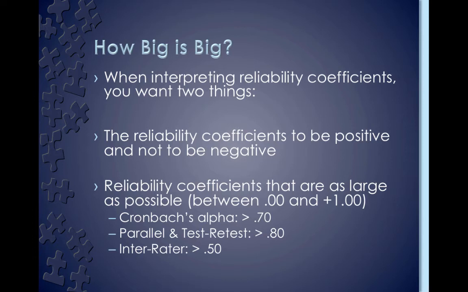Has to be greater than 0.8. And then our inter-rater reliability. As long as we get half of the agreements correct, we can say that we have inter-rater reliability among all of our raters. So make sure you know the thresholds, because these are the numbers that will allow you to either say whether or not a measurement tool is reliable or not.